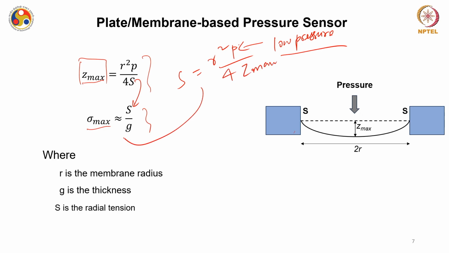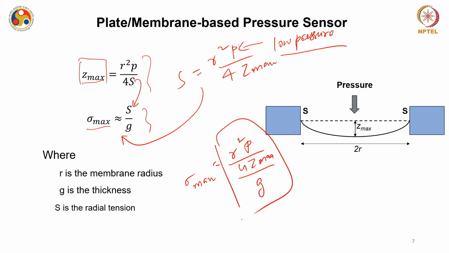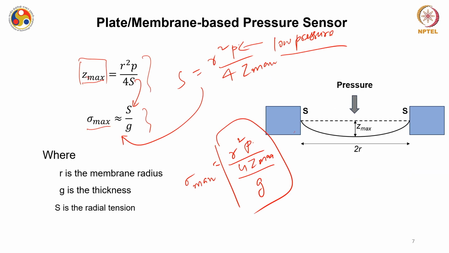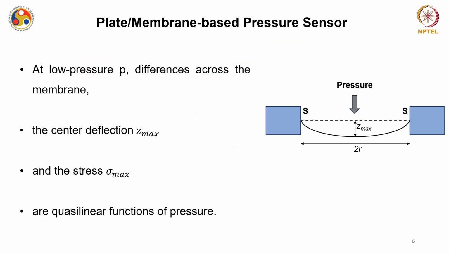And if I substitute this in the equation, sigma max will be R square into P by 4 Z max by G, right. So you can write this equation of maximum stress in terms of pressure. If you see this equation, Z max is directly proportional to pressure. That is why I initially mentioned that it is a quasi-linear function of pressure.